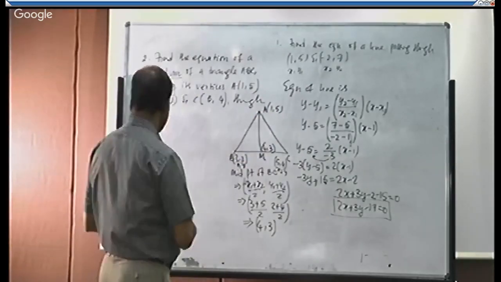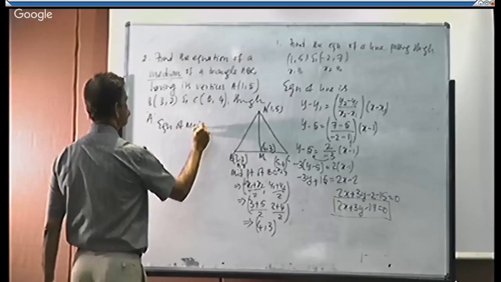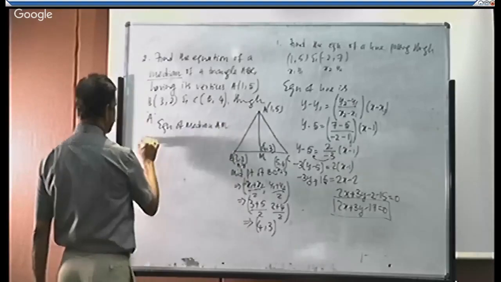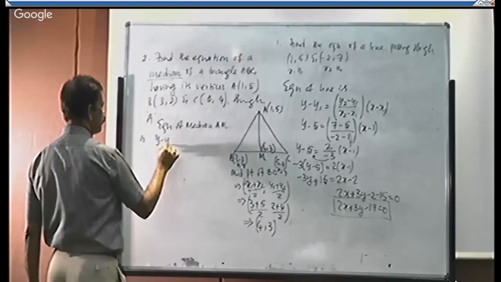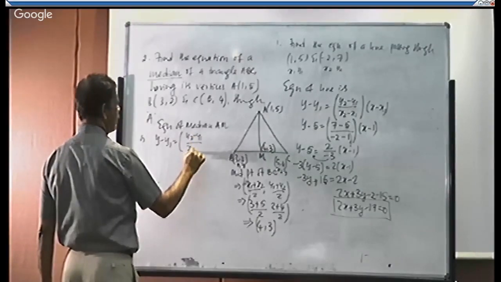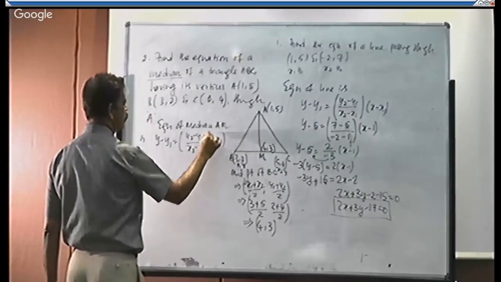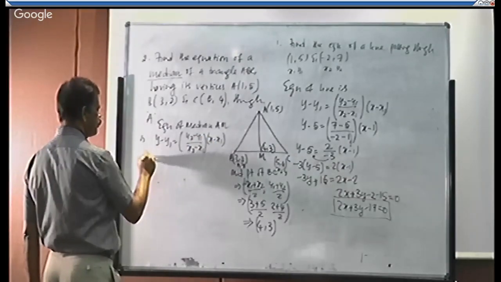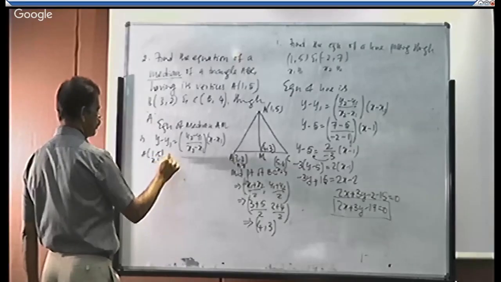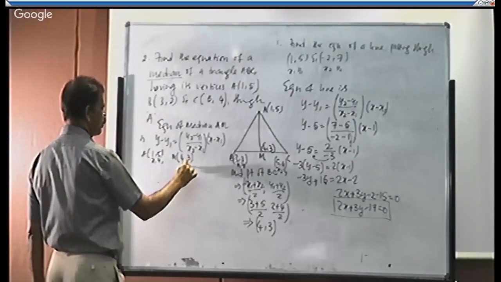The equation of median AM is y minus y1 equals (y2 minus y1)/(x2 minus x1) into (x minus x1). The first point A is (1, 5), that becomes x1, y1. M is (4, 3), that becomes x2, y2.